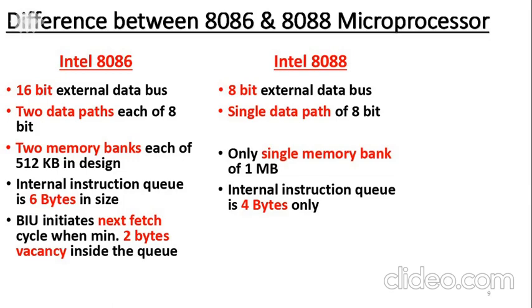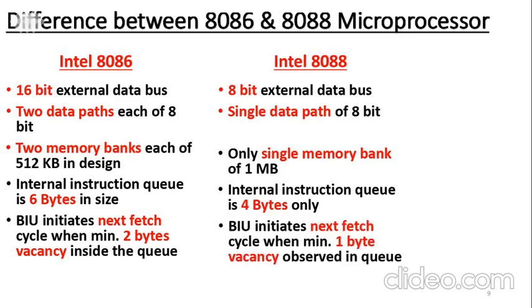Whereas in case of 8088, BIU will start that next fetch cycle whenever there is just a single byte vacancy inside that internal queue here. So these are the major differences between Intel 8086 and Intel 8088 processor here.